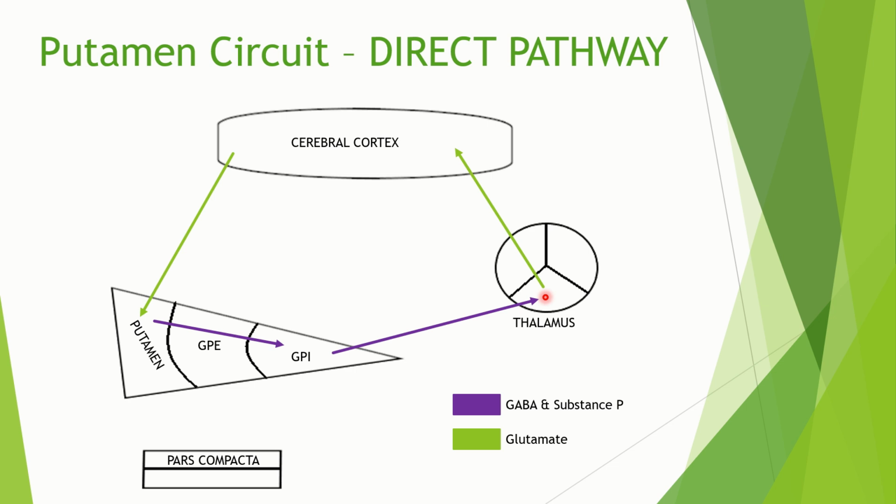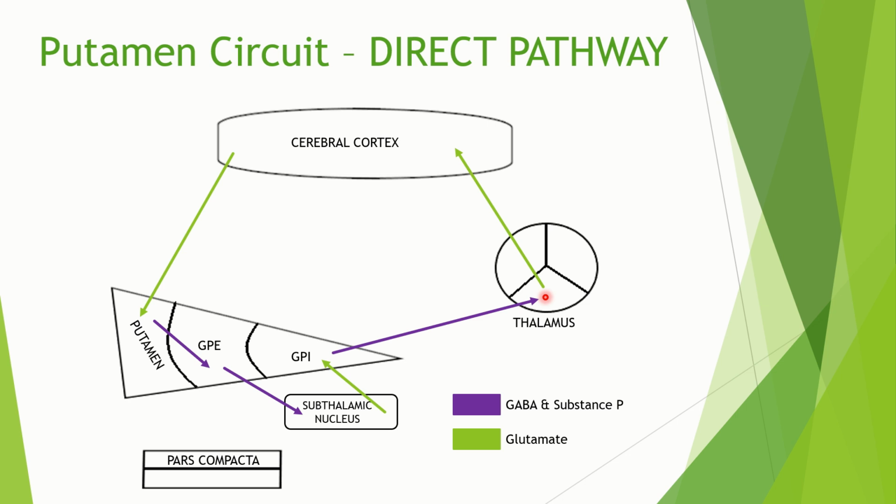So in order to do that, seeing that we know the direct pathway is a stimulatory pathway, we need a pathway that is going to be involved in inhibition, and that's where we come to the indirect pathway.